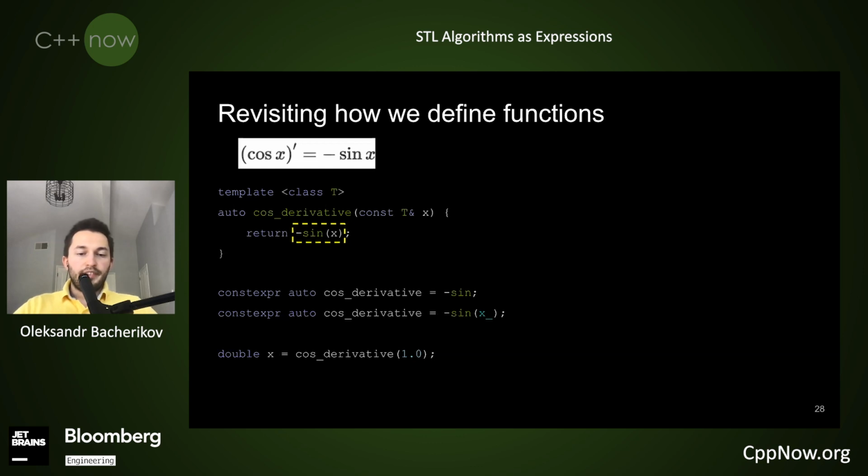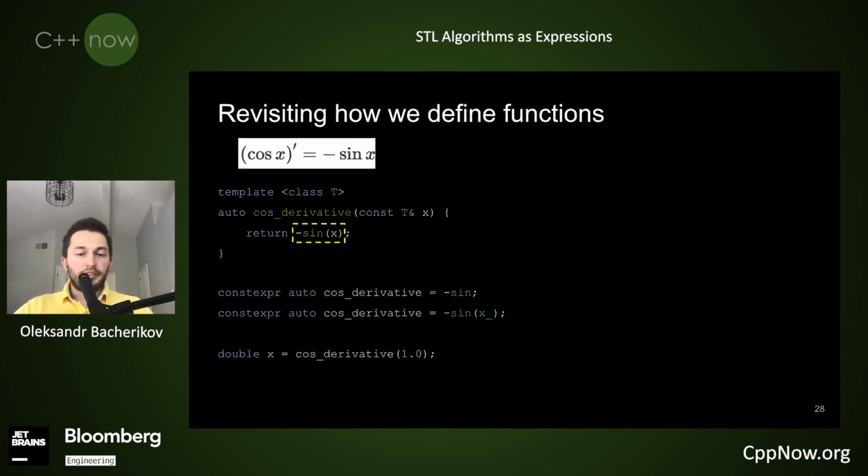So in this case, in the first option, we have just minus sine. Sine is a function that takes one argument and returns one argument. And minus is the negation operation, which also takes one argument.